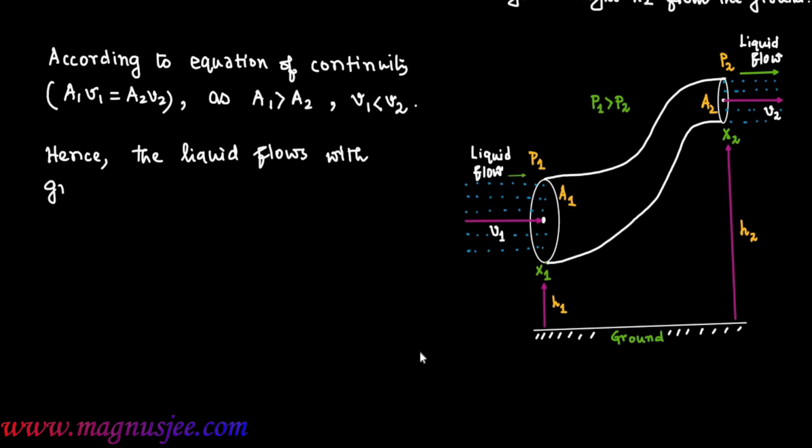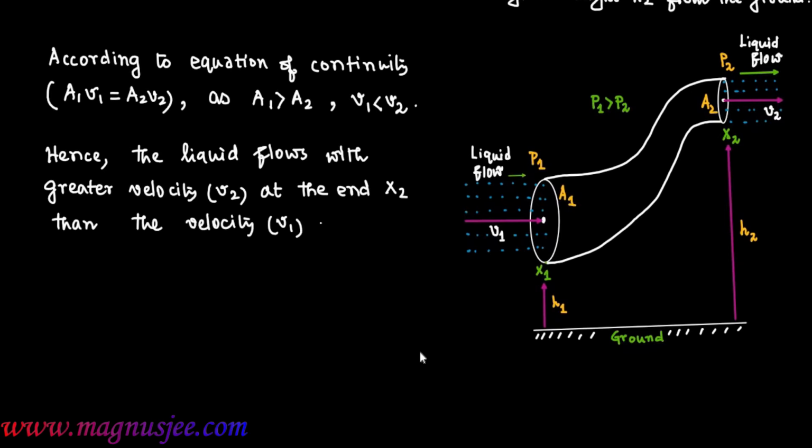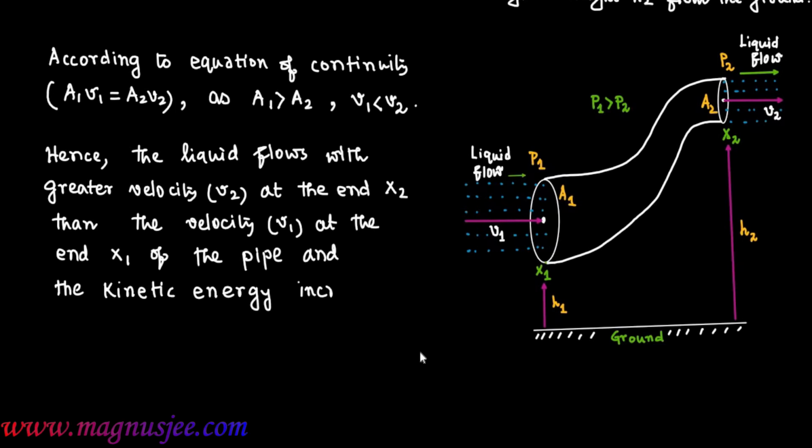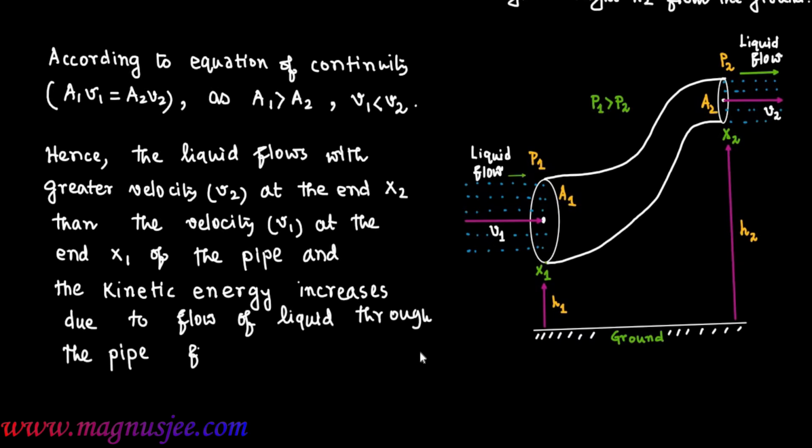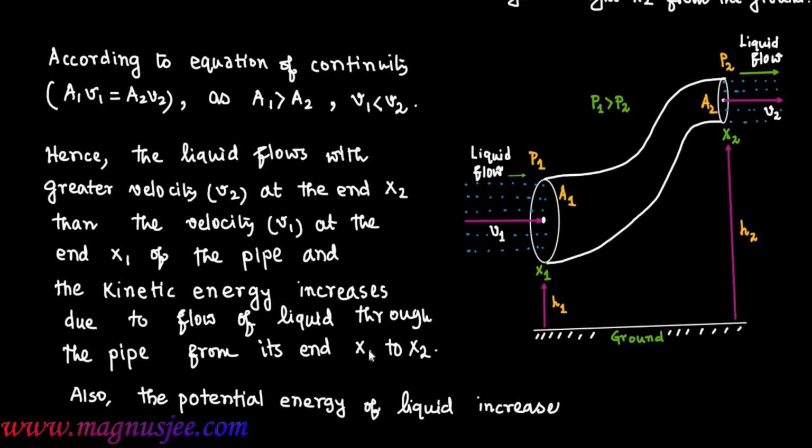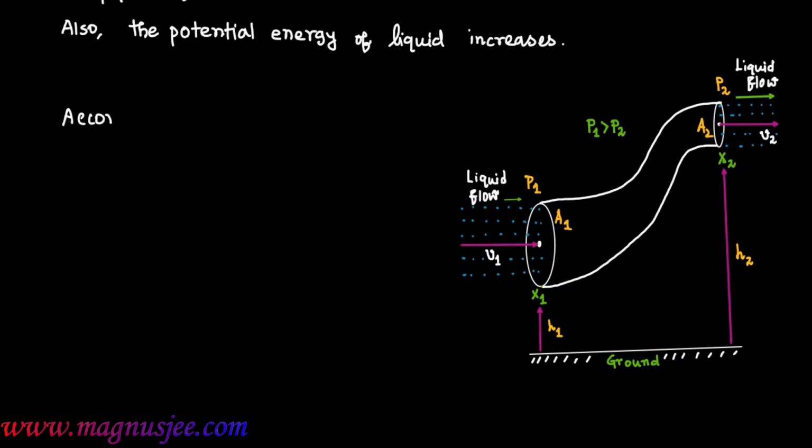Hence, liquid flows with a greater velocity v2 at the end x2 than the velocity v1 of liquid at the end x1 of the pipe, and the kinetic energy increases due to flow of liquid through the pipe from its end x1 to x2. Also, potential energy of liquid increases.